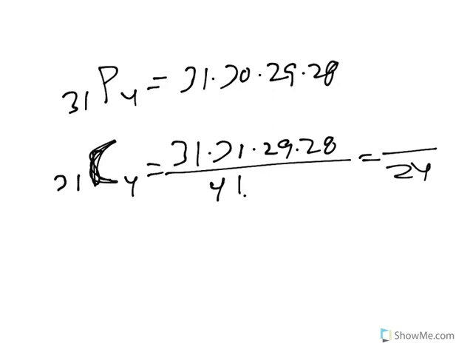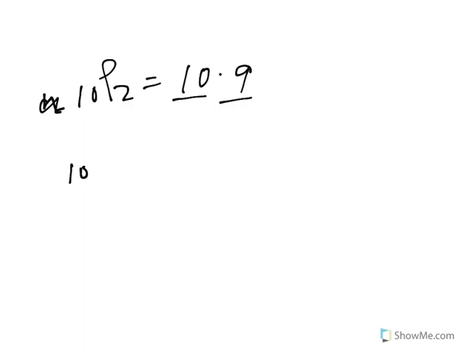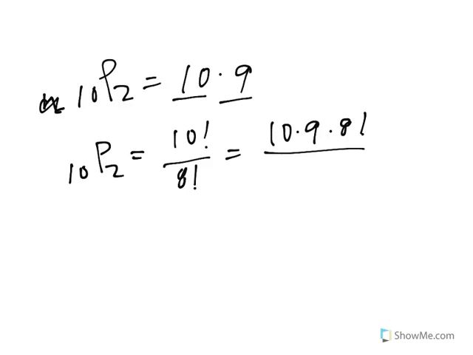Now we can get official formulas for these things. If I say 10P2, that's just 10 times 9, and you stop there. It's basically the first two numbers of 10 factorial. That could also be written as 10 factorial over 8 factorial, because if you expand it out, 10 factorial is 10 times 9 times 8, 7, 6, 5, 4, 3, 2, and I'll just leave it as 8 factorial, and it cancels, and it ends up with 10 times 9 again.